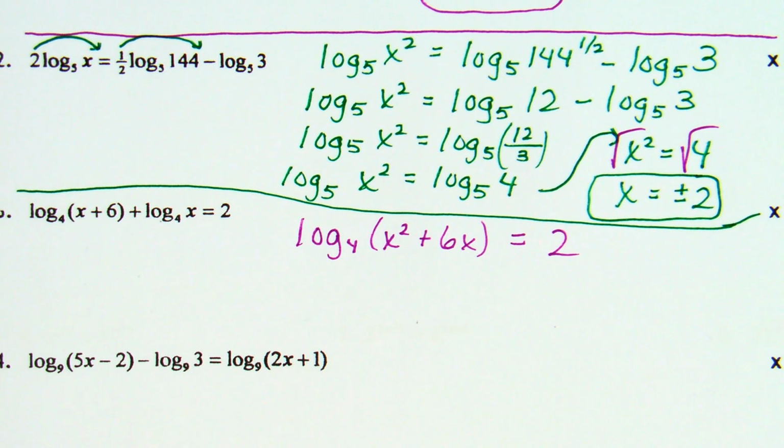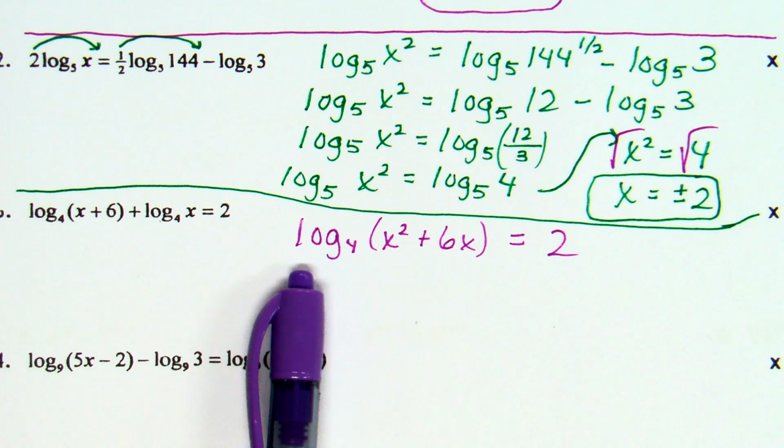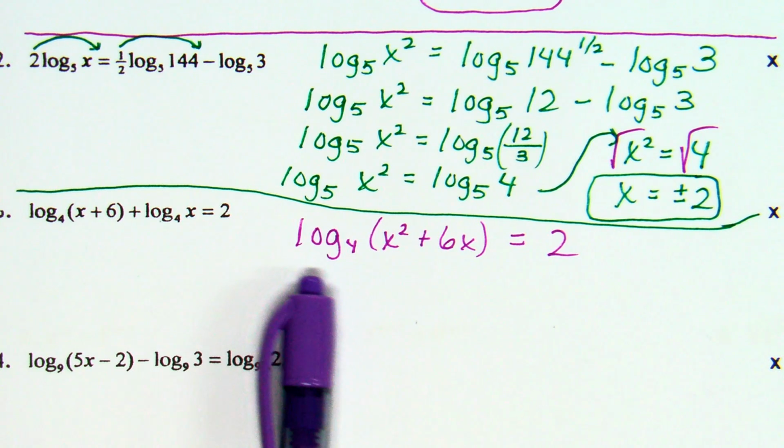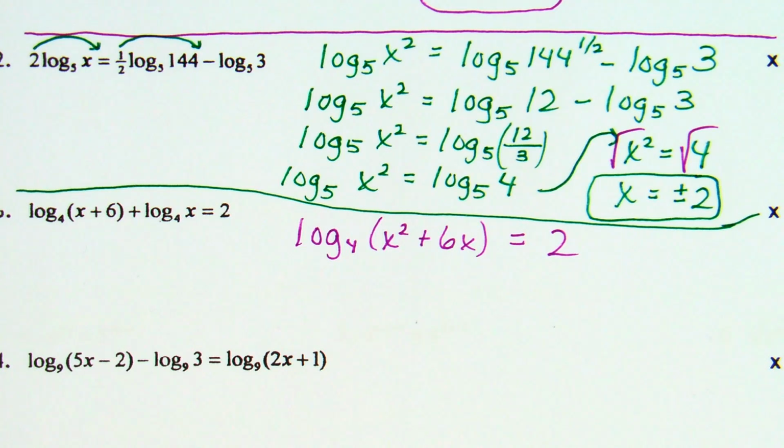Last time we had a log on either side, so we could just drop the logs. Here, I just have one log. So we've dealt with this before. When you have one log, how do we get this out of log equation form? No, you're thinking of change of base formula, and I don't want to use that right now.